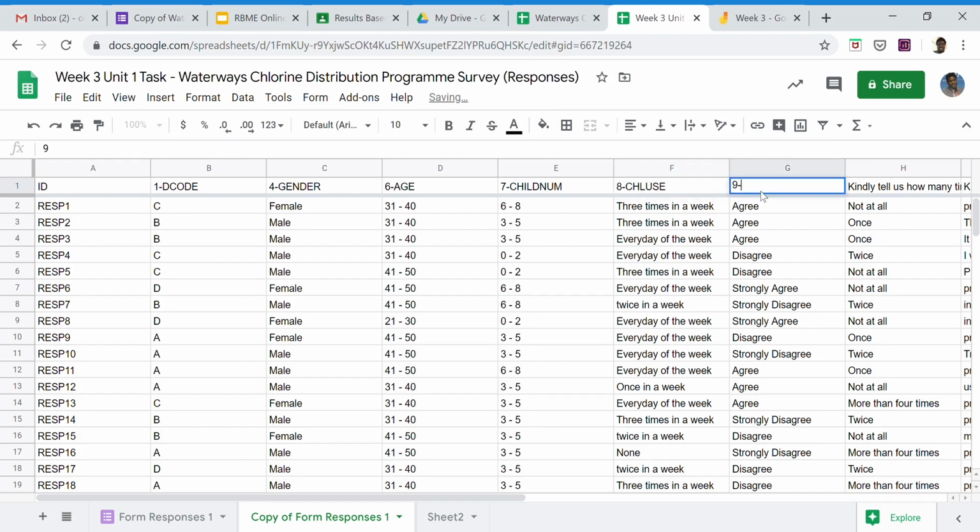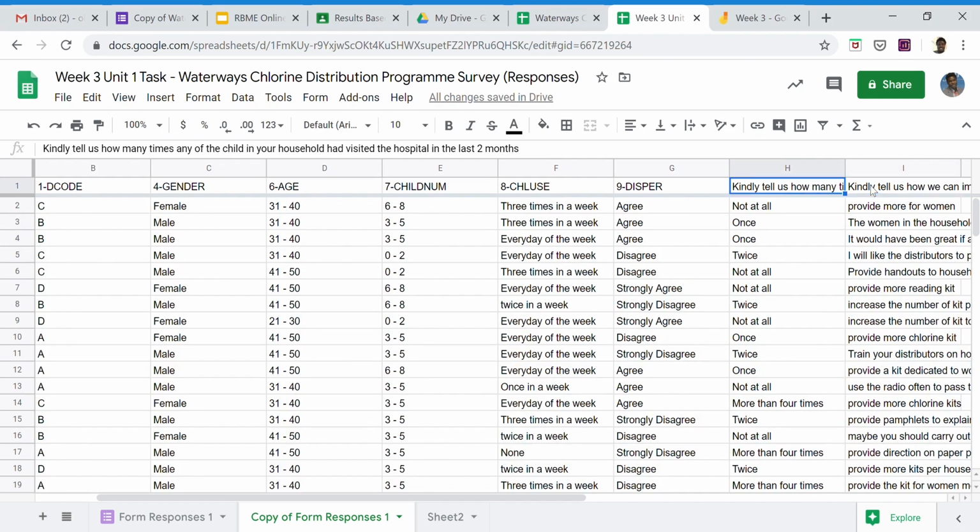Then 9. Question 9 was talking about distributors' perception, so beneficiaries' perception about those that distributed or how it was distributed.